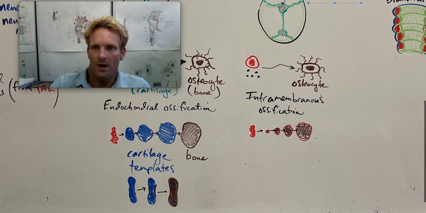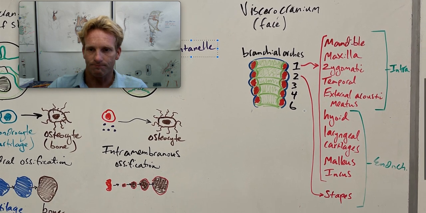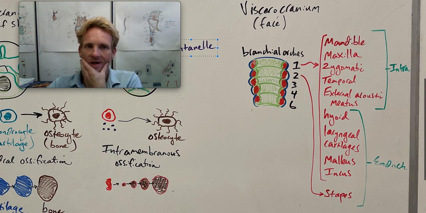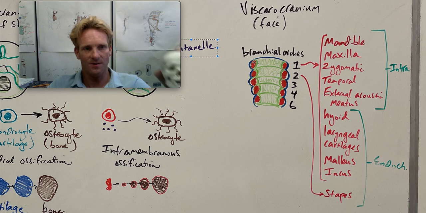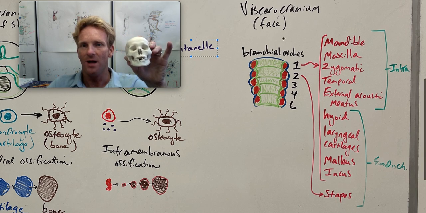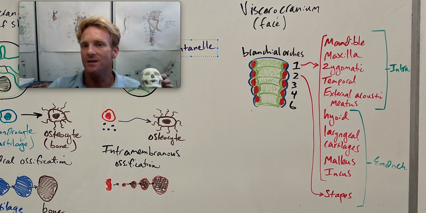Alright, so now let's go over here, and we're going to talk about the bones of the face. This is how the bones of the face develop. We're talking about these bones here in the face. This is called the viscerocranium, and they are going to develop from the branchial arches, specifically branchial arches number 1 and 2.